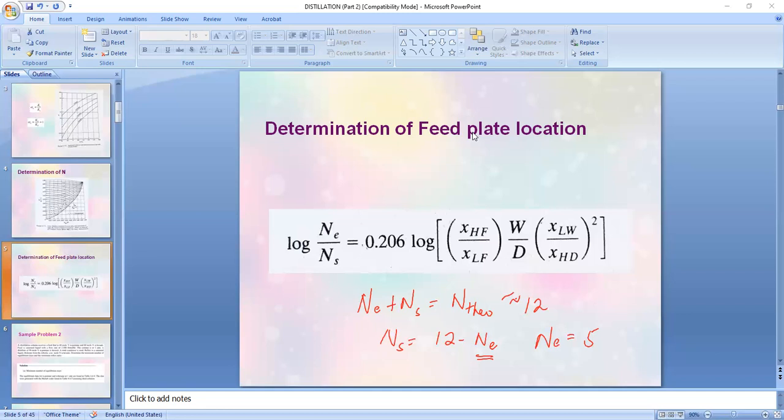And I've mentioned that your feed plate is always part of the stripping section.